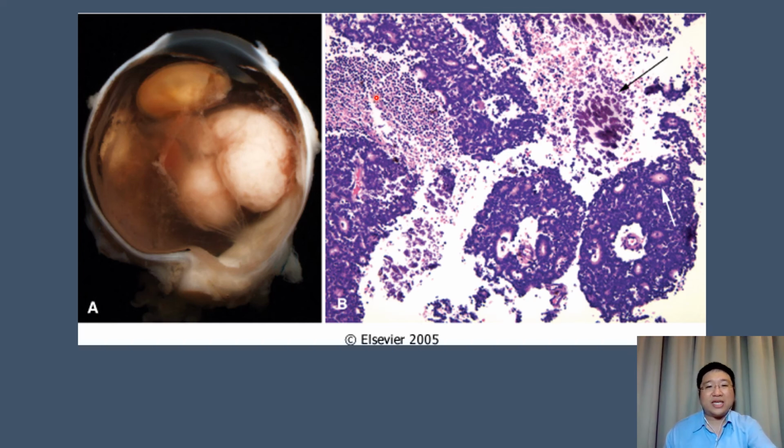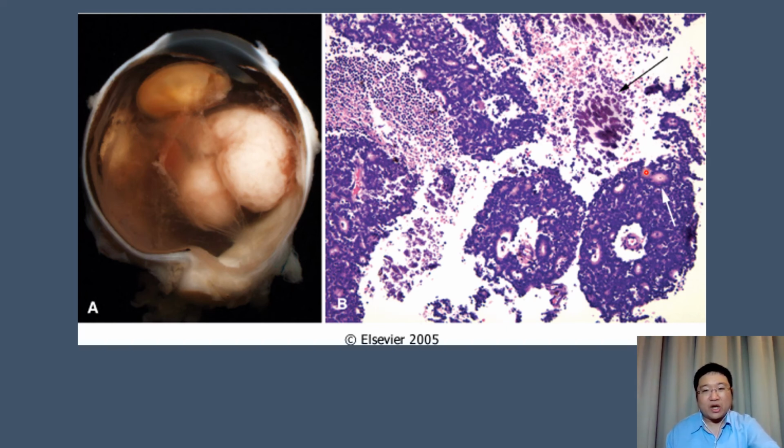In the necrotic area, we may observe karyorrhexis, pyknosis, and we can observe both Homer Wright pseudorosettes or Flexner-Wintersteiner true rosettes, which are these tubular structures. These are Flexner-Wintersteiner rosettes. They have true lumens in the middle.